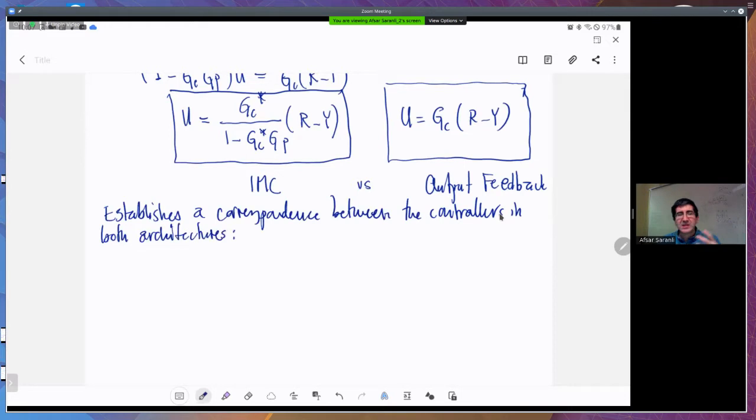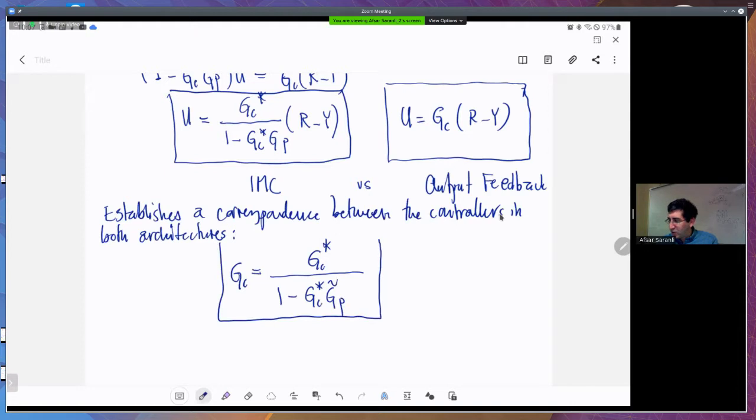To generate the same input basically to the plant. Okay, so we have gc being equal to gc star over 1 minus gc star gp tilde. And mind you that this only uses the approximate plant model.